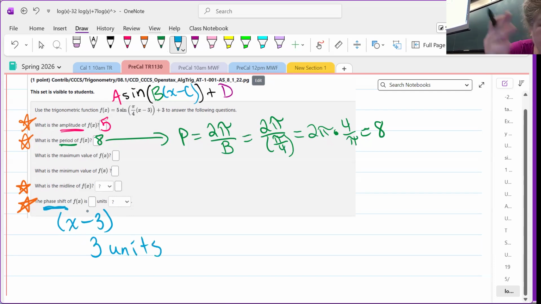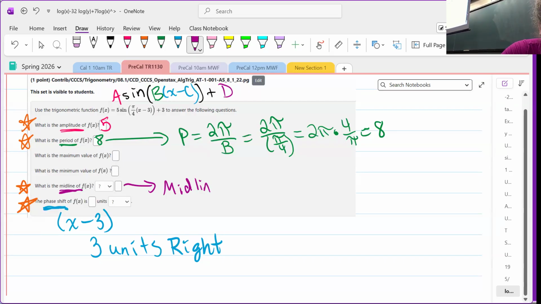It looks like negative, which would normally be left on the x-axis, but the inside lies. So we're going to go 3 units right. So not a lot of work on the phase shift, you're basically just writing the answer. That's okay.